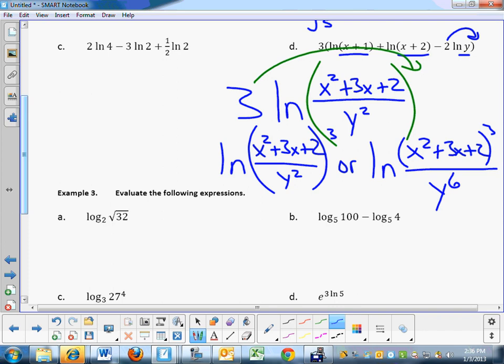Either way is fine. I don't care which way you do it. But if you were to just write it like this, say not y to the 6th on the bottom, y squared, no, that's not correct because the 3 just shows the 3rd power going to the top. It has to go on the whole thing. So that would be incorrect.